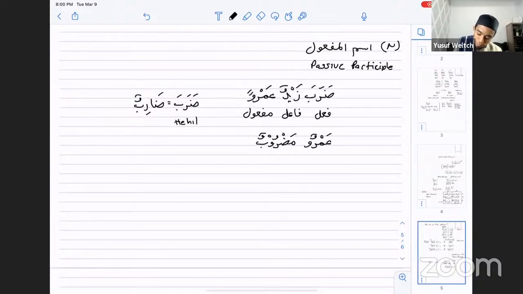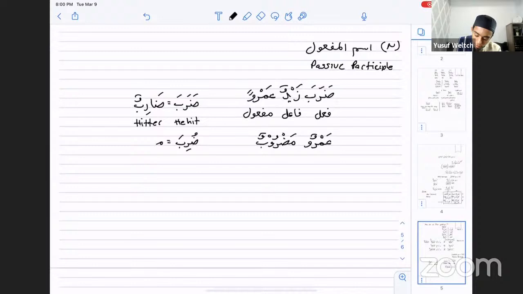Hitter. Person who hit. Good. Now, if we changed daraba to the passive, the majhul version of it, how would you say he got hit in one verb? Duriba. Duriba, exactly.